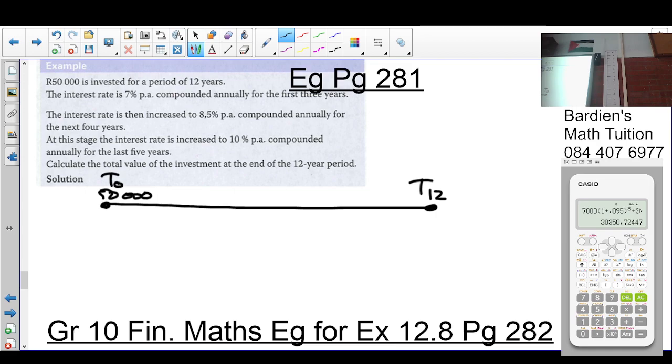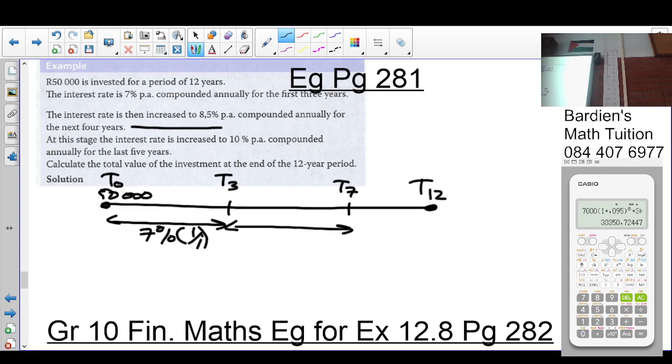The interest rate is 7% per annum compounded annually for the first 3 years. So that takes you to T3. You'll always notice that I put the interest rate under the line, okay? So 7% per annum compounded annually for the first 3 years. The interest rate then changed to 8.5% per annum compounded annually for the next 4 years. So that takes you to T7.